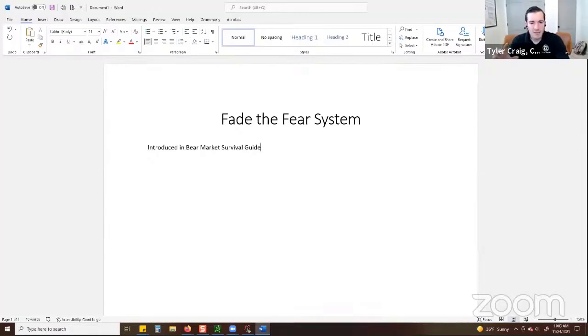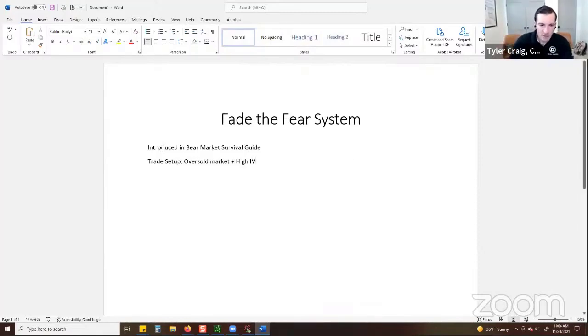So consider this a shortened, condensed version of this particular system. There are technical criteria. There are volatility characteristics, and then there's how do you want to go about trading, right? So the trade setup here is I need an oversold market and I need a high implied volatility. So like a volatility spike.